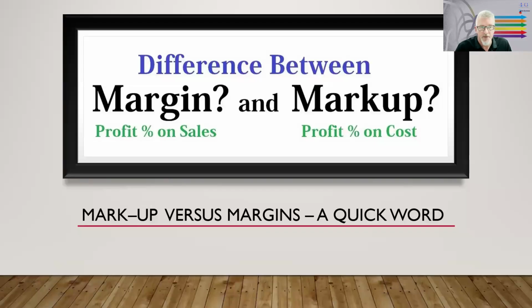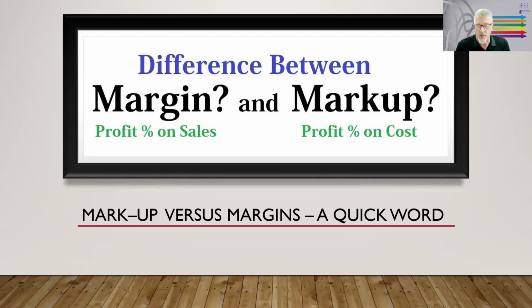There is a difference between margin and markup. People confuse the term markup with margin. Markup is calculated by taking your cost of goods sold and then adding on a percentage increase to it, and you decide what it is. So the formula is cost of goods sold plus 10% equals my selling price.